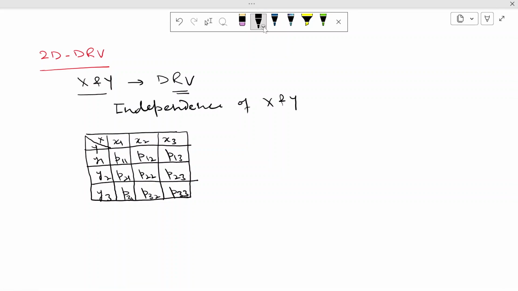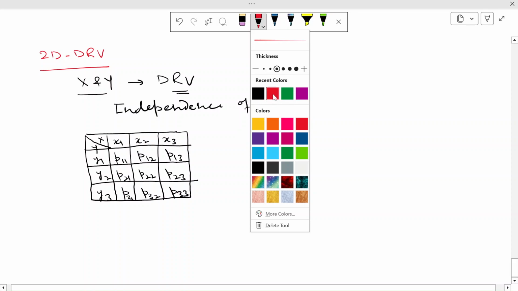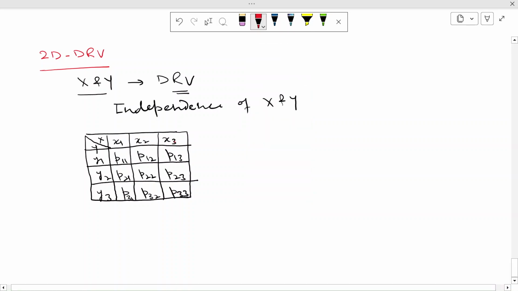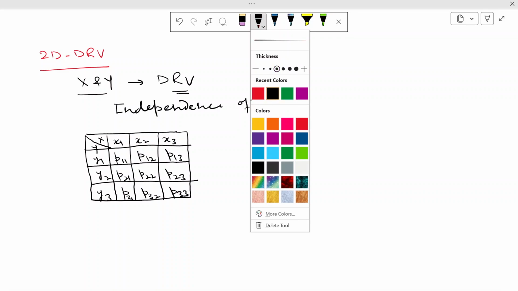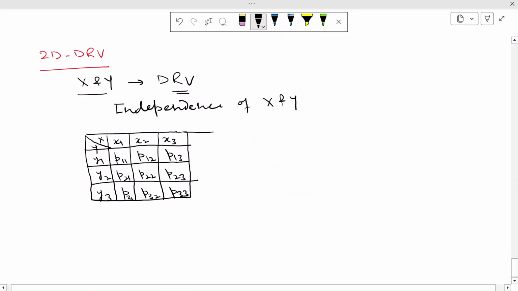In order to show independence, we have to obtain the marginal probabilities for both random variables. So let us extend this table like this.